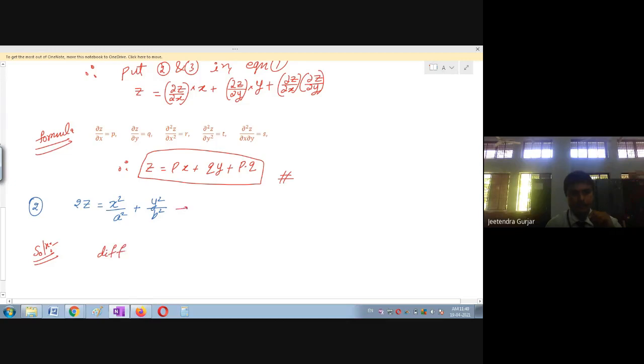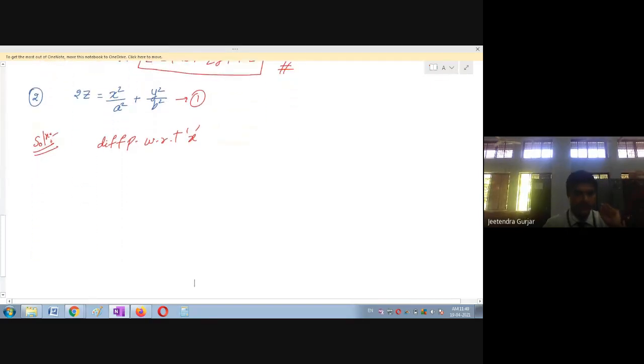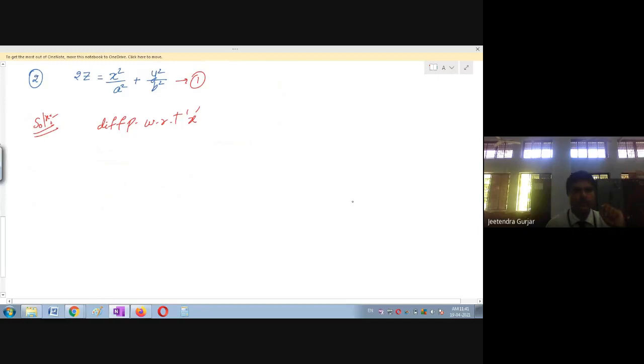I will keep this as equation 1, differentiate partially with respect to x. Whenever I take the differentiation with respect to x, immediately you have to remember or write it down that here y you are going to hold as constant.